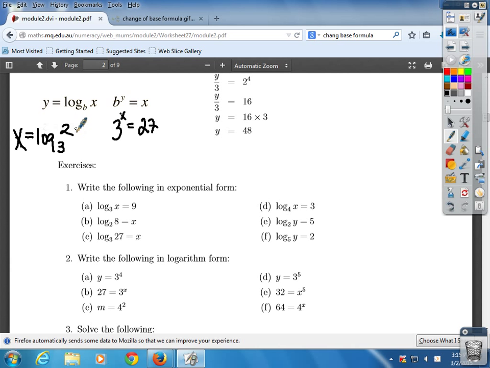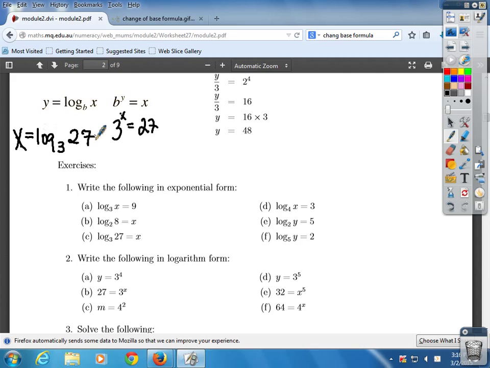Now, you could rewrite this as 3 to the 3rd and bring the 3 out, and log base 3 of 3 is 1, and 1 times 3 is what? 3. So you could actually do these.